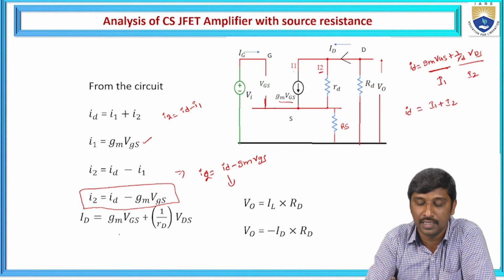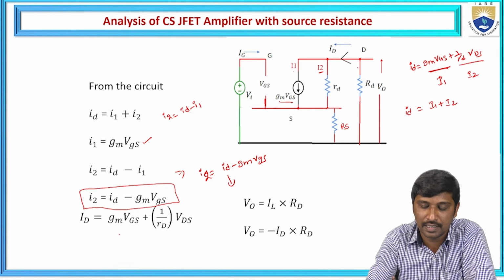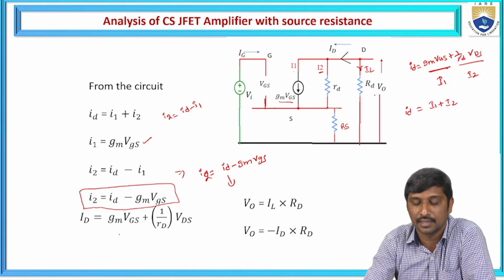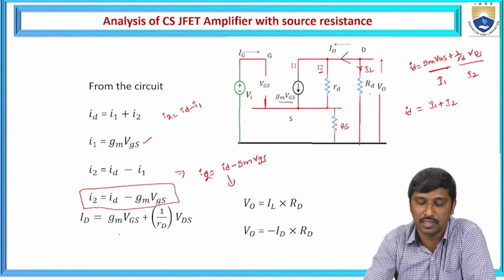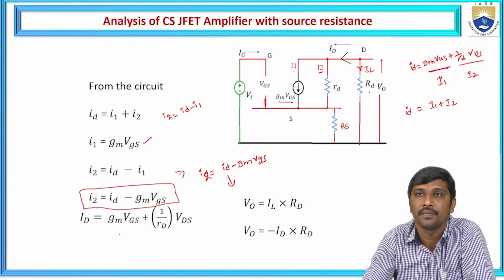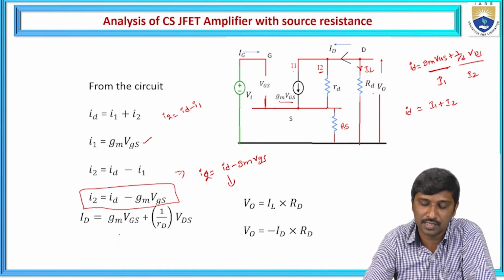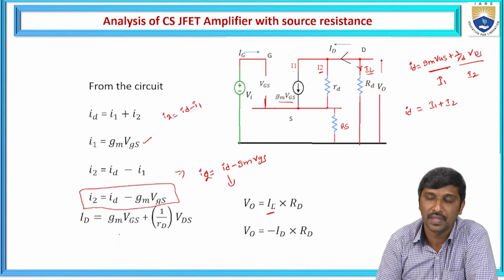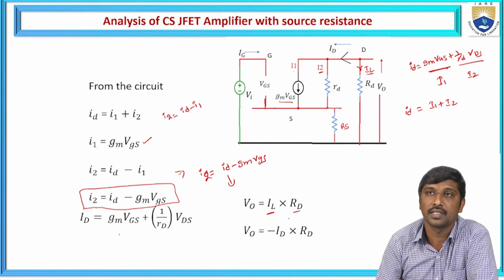Again, from the circuit, let us consider the external drain resistance as the load. The load current flows through this external load resistance, represented as capital RD. Now I am going to observe how much voltage drop appears across this load resistance, which is V0 equal to I into R, where I is the load current and R is the load resistance RD.